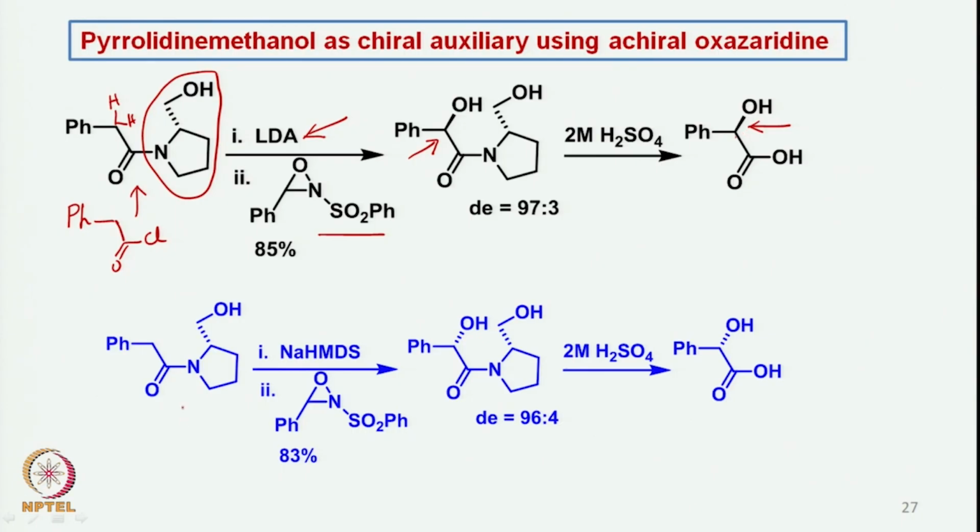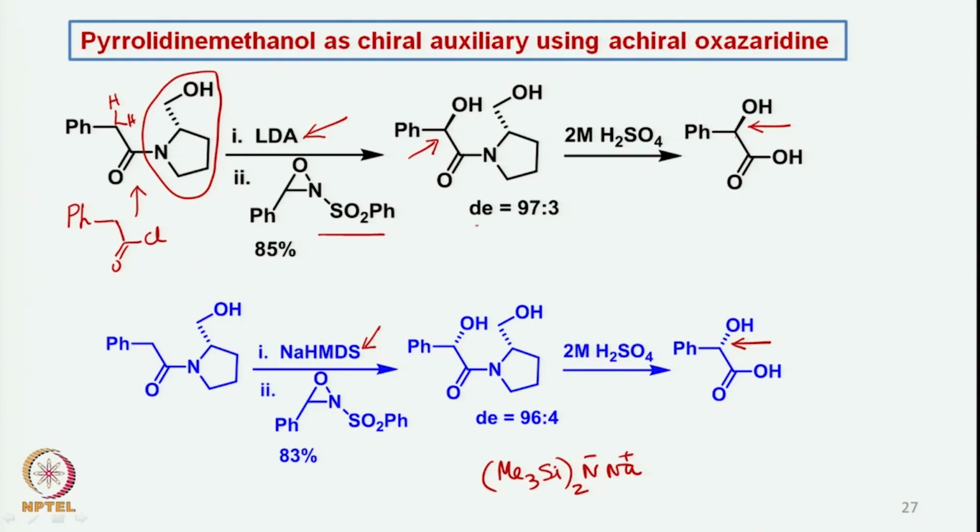On the other hand, the same substrate is taken and the base is sodium hexamethyldisilazide, that deprotonates again in a similar fashion and it introduces the oxygen in a different way than the corresponding lithium diisopropylamide.